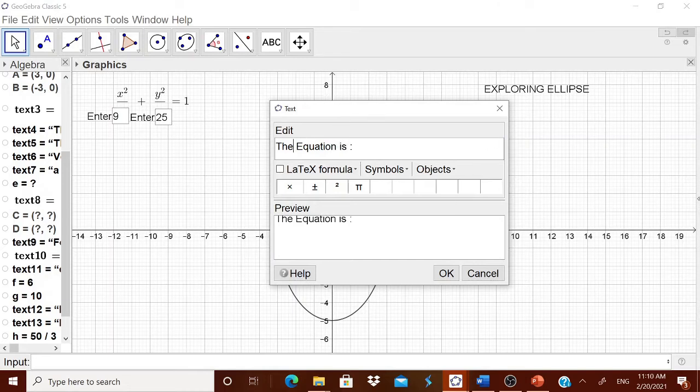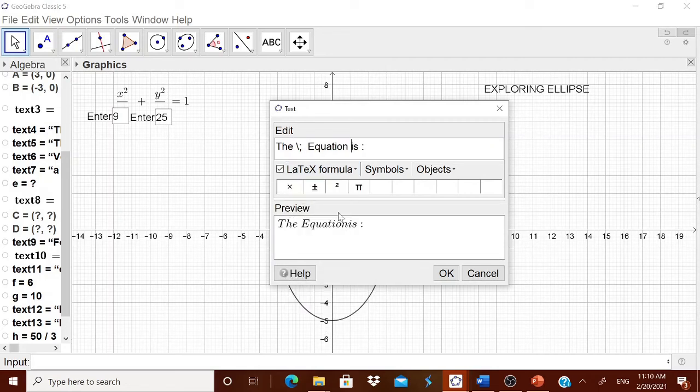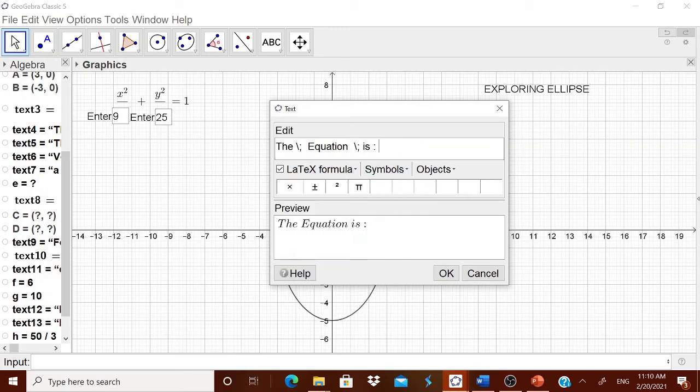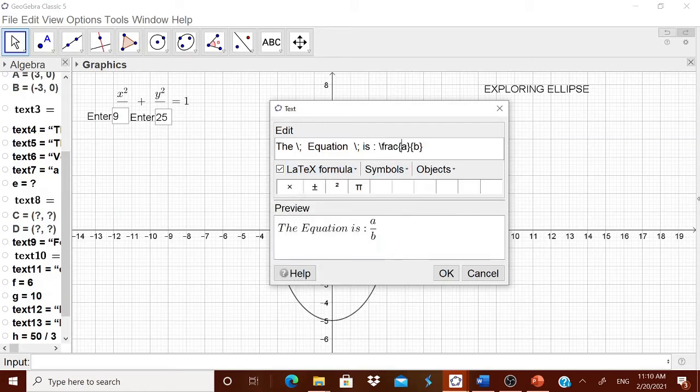Go to the LaTeX formula and have a space. Again LaTeX formula, have a space, and then you should be a little bit careful while typing that x square. Okay, that will be x square only. You see here x square by b square. Therefore you should be a little bit careful: y square by a square, that bigger number should come over there.